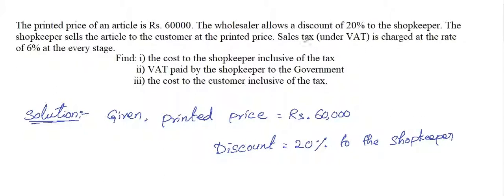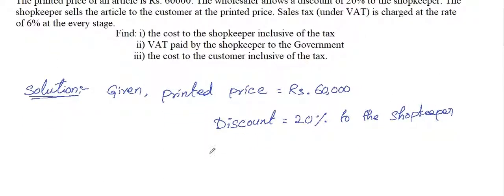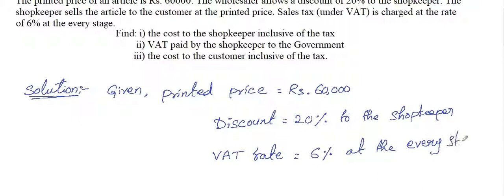The sales tax is charged at the rate of 6% at every stage. We need to find the cost to the shopkeeper including tax, the VAT paid by the shopkeeper, and the cost to the customer including all the taxes.